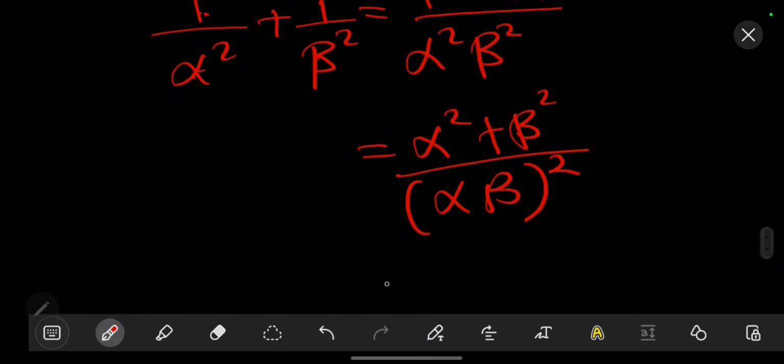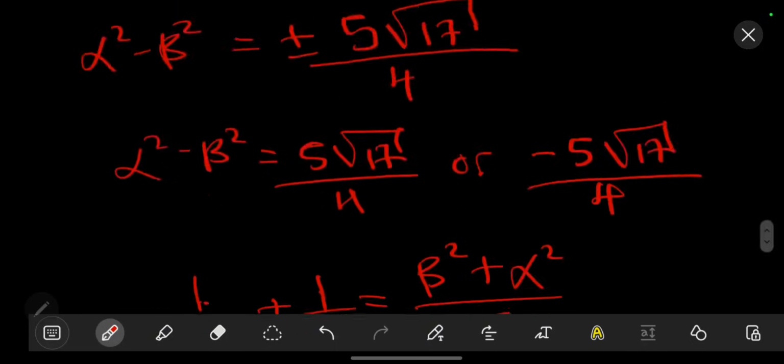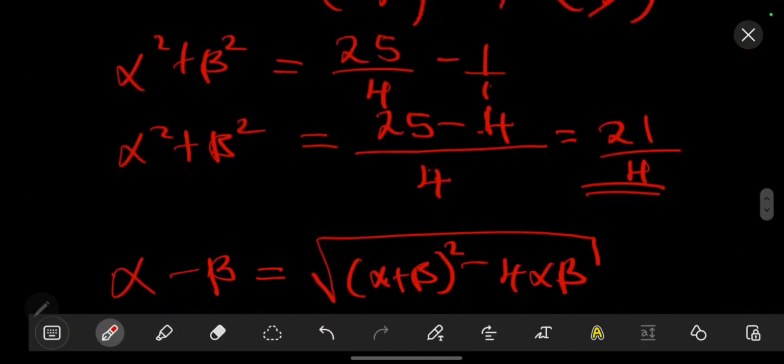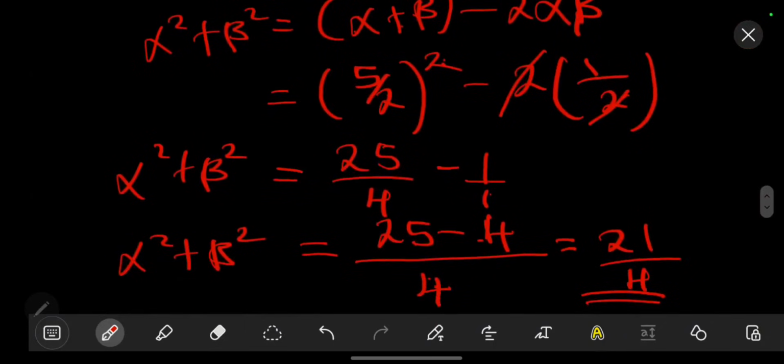Now to find the value, if we don't know the value of alpha squared plus beta squared, we were going to find what the value is equal to. But since we know what alpha squared plus beta squared is equal to, we can just replace. So the value that it gave us was 21 over 4.